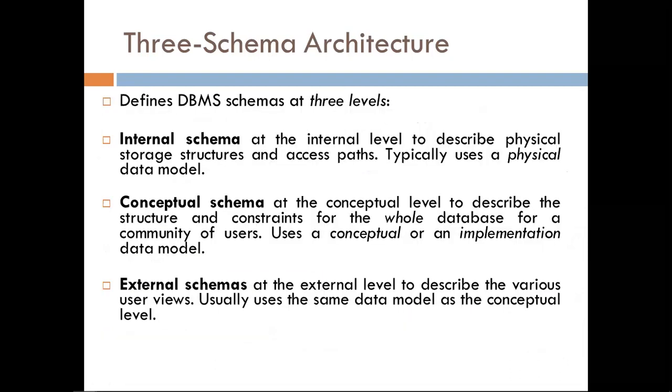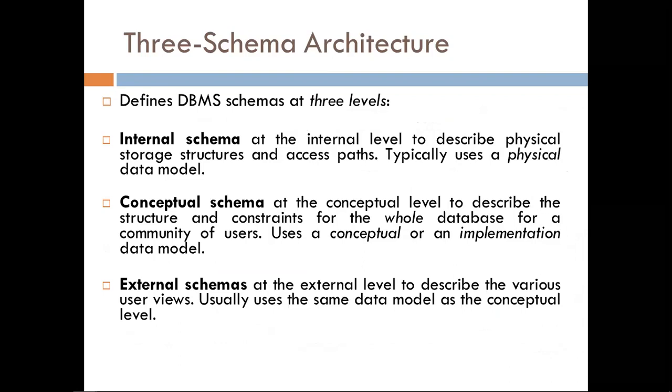Let us see what these three levels do. The internal schema is the internal layer that describes the physical storage structures and the access path. It typically uses the physical data model. The conceptual schema is at the second level.